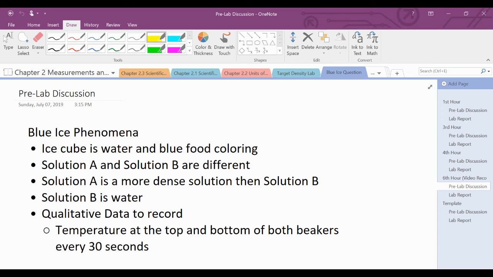Nothing's different about the ice cube. We do know after this unit that solution A and solution B are different. They are not the same. Solution A is a more dense solution than solution B. We know that solution B is water. So you're going to have to pick with your group what solute you're going to use for solution A.